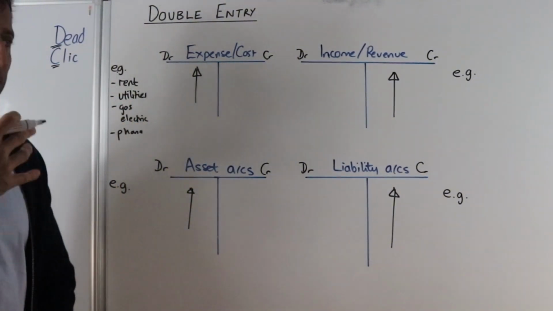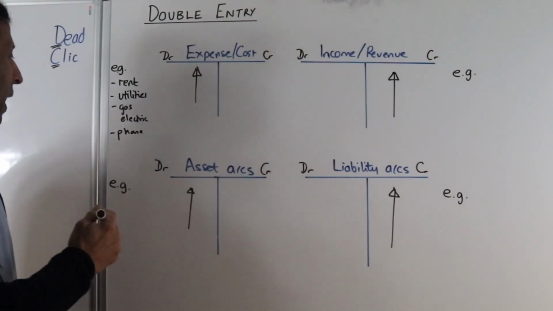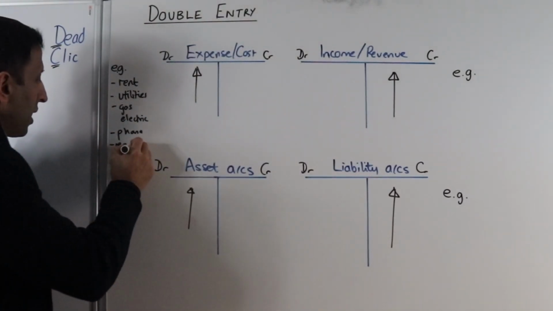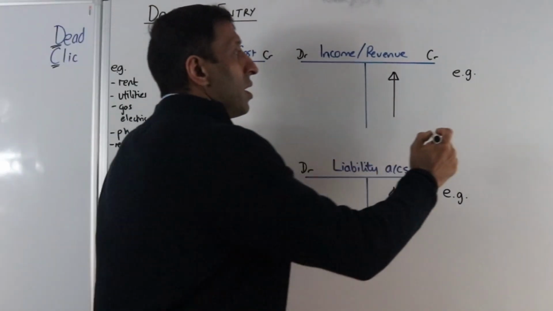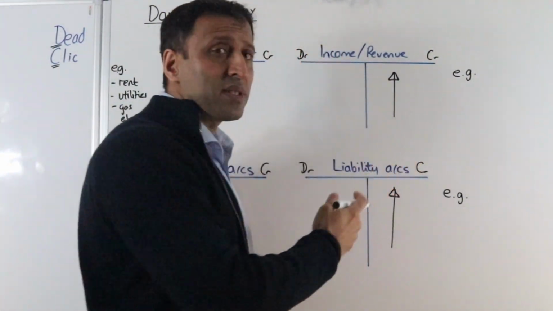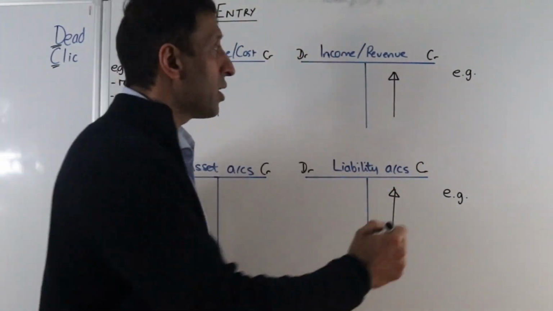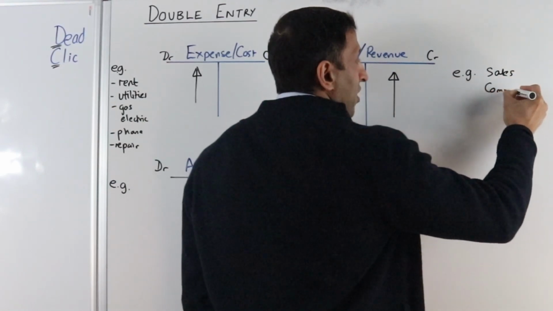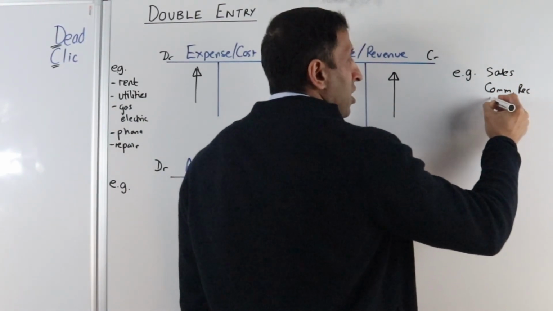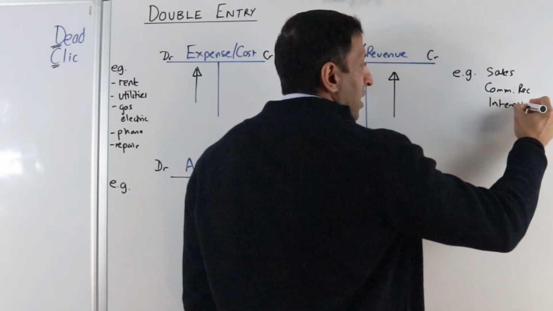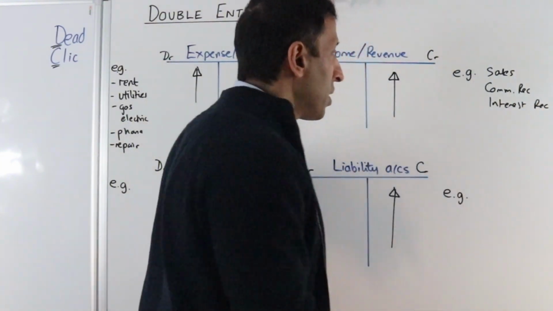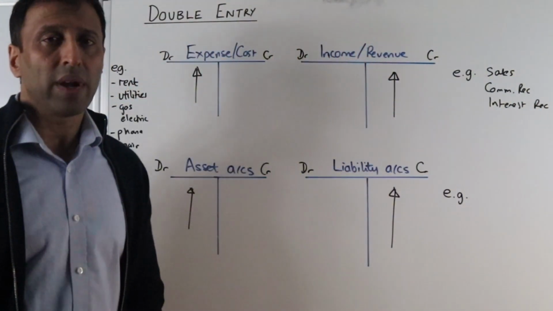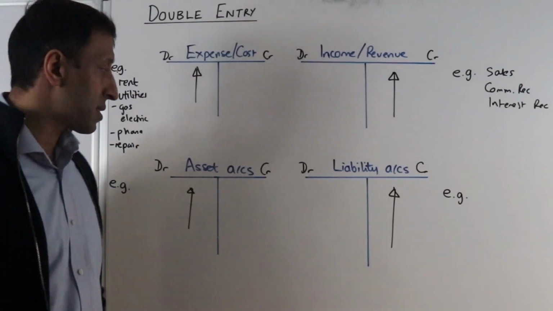Okay, so any types of utility bills, repairs would come under an expense. Incomes, so what generates value for the business, any activities that generate value, such as making sales. You might receive commission, so commission receivable. You might receive interest receivable. Those activities generate incomes or value for the business.